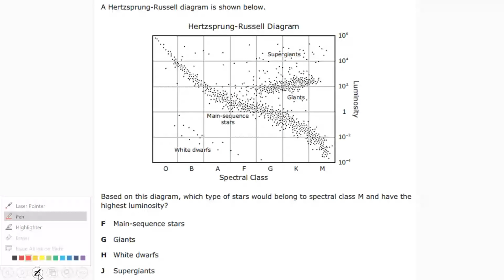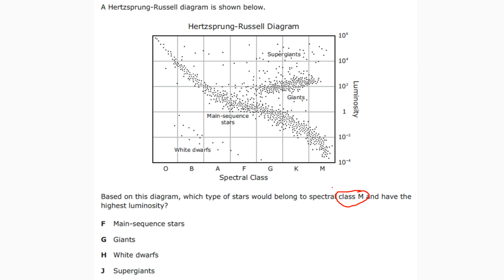Sorry, guys. I don't know where I got K from. Spectral class M. So here is spectral class M, which is in between here and here. And thank God it is still supergiants. My mistake.